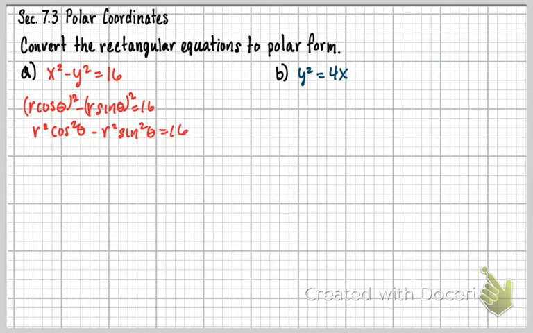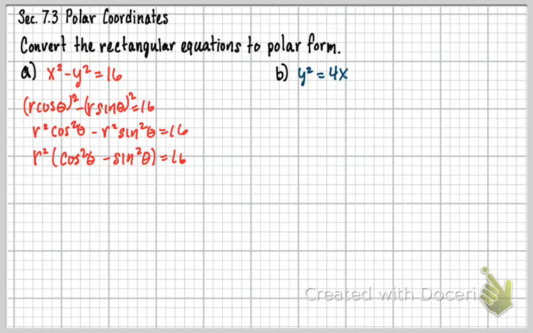So then I can factor an r squared out here, which I want to, because in general, the way we try to work these formulas out is we try to get r equals some function of theta. So this would be an r squared then. And in here we get cosine squared theta minus sine squared theta equals 16.